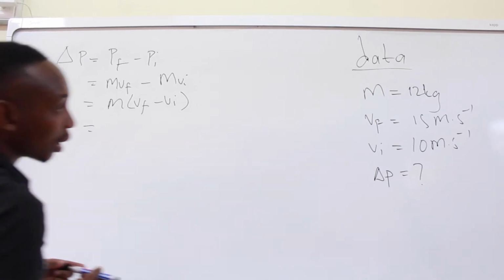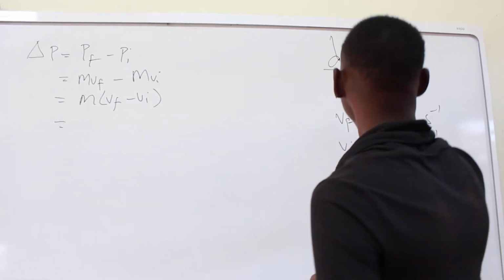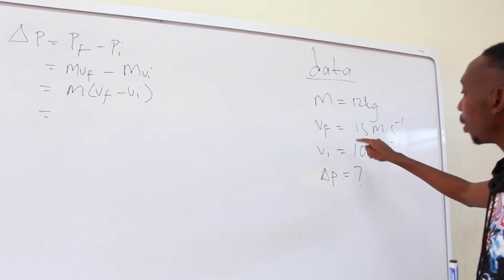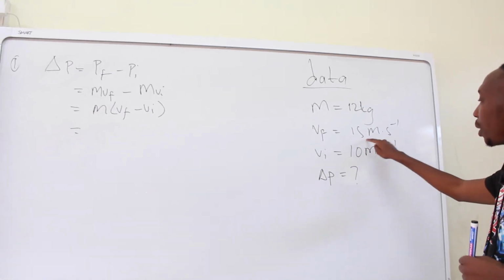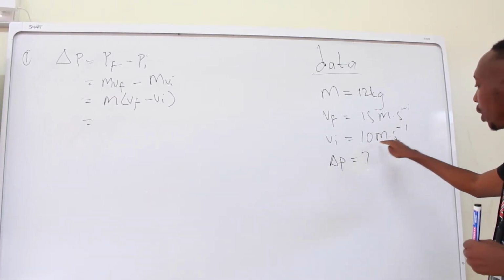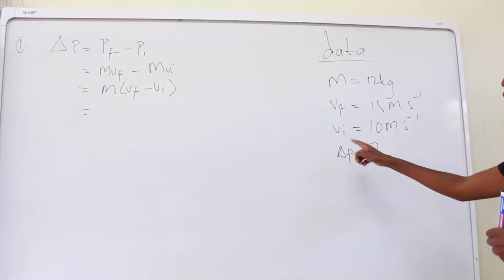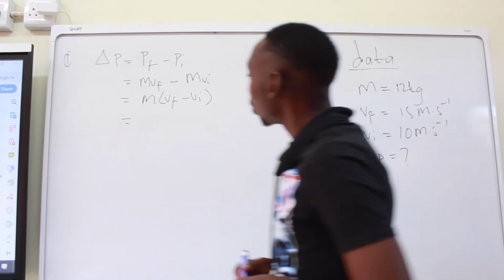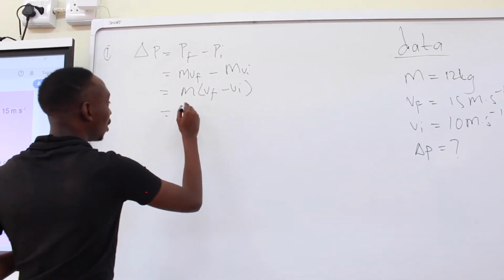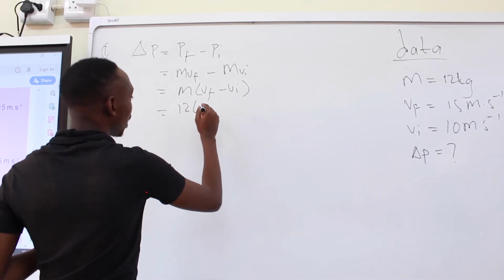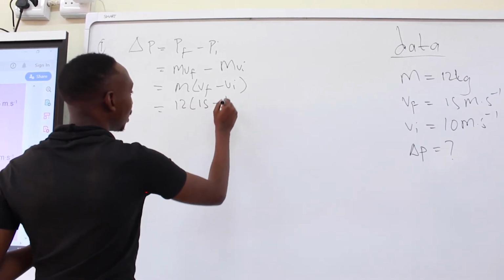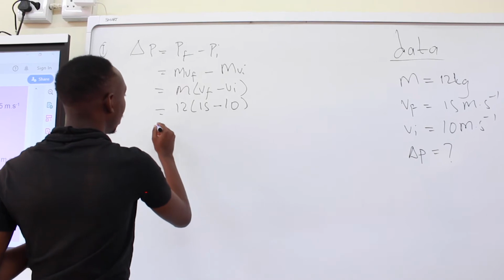Now I have my data. The mass is 12 kilograms, the final velocity is 50 meters per second, and the initial velocity is 10 meters per second. We want to know the change in momentum. So for mass I have 12, final velocity 50 minus initial velocity of 10.